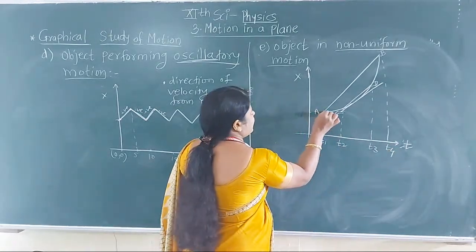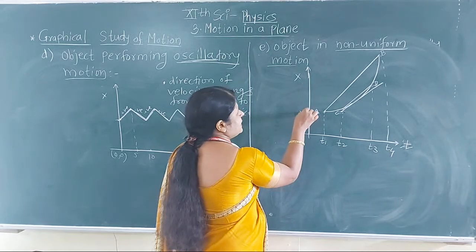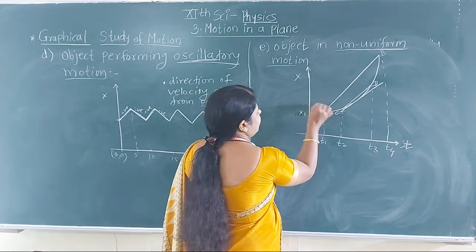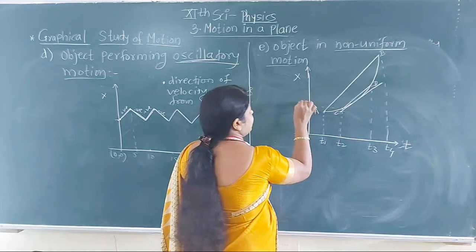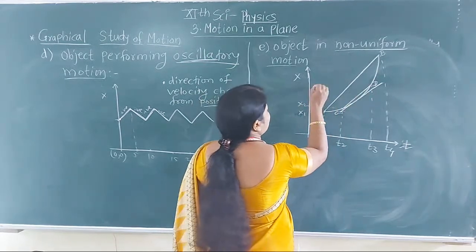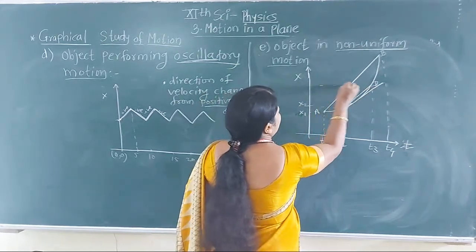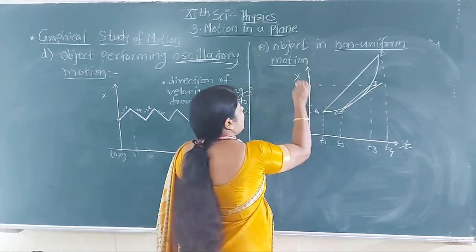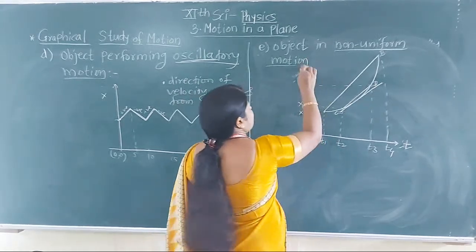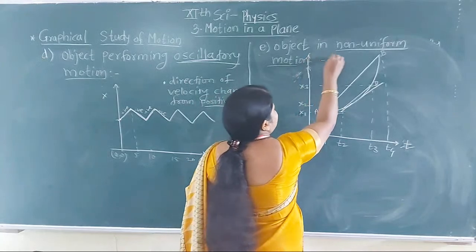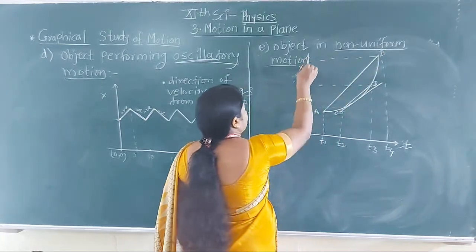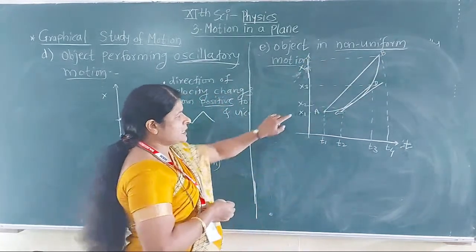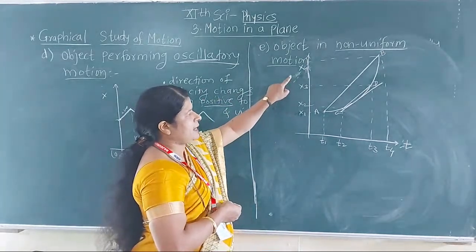Now at point A, the displacement of the object is x1. At point C, the displacement of the object is x2. At point D, the displacement of the object is x3. And at point B, the displacement of the object is x4. The positions of the object are x1, x2, x3, x4.